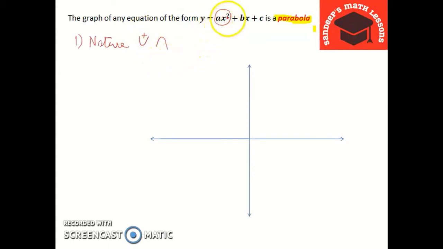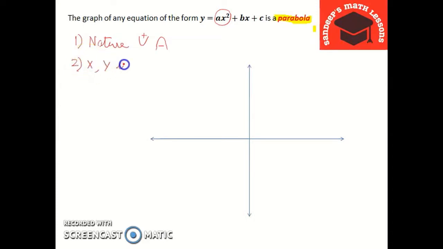And if the coefficient of x square is negative, say for example negative 3x square or just negative x square, the graph will open downward, or it will be N-shaped. You can also remember it this way: when it is positive, it is a happy face; when it is negative, it is a sad face.